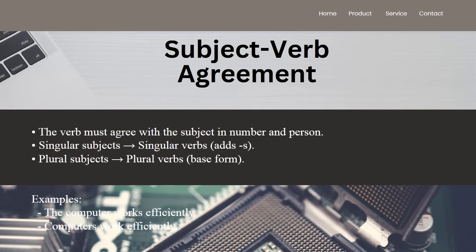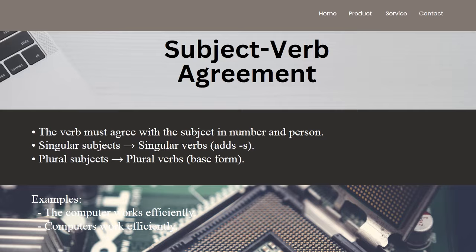Now let's talk about subject-verb agreement, which means the verb form must match the subject. Singular subjects take singular verbs, usually ending in s, when the subject is he, she, or it, while plural subjects take the base form of the verb.